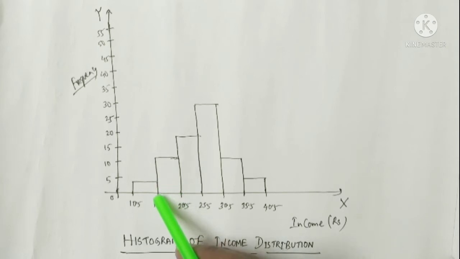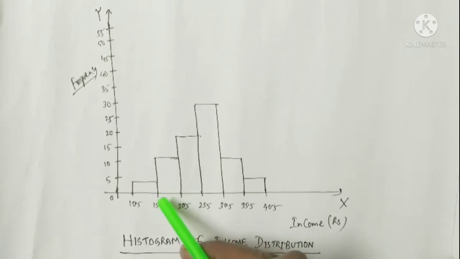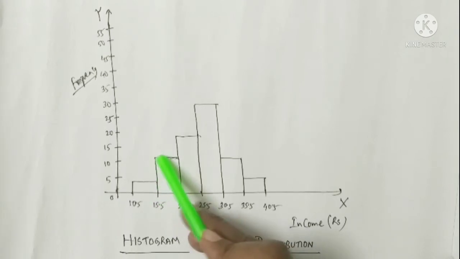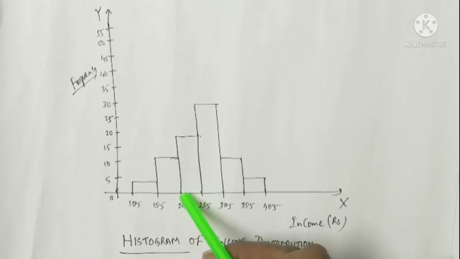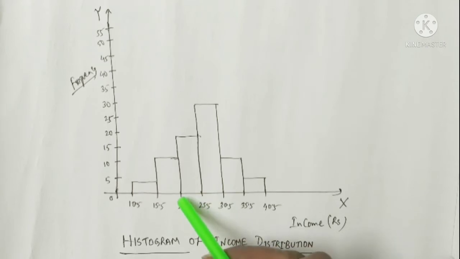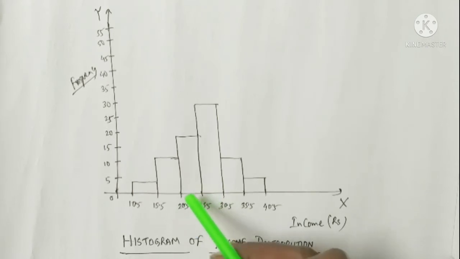The histogram is a gapless bar chart, as mentioned earlier. In the second group 16 to 20, that is 15.5 to 20.5, this is 13, and in the third group 20.5 to 25.5, this is 22.